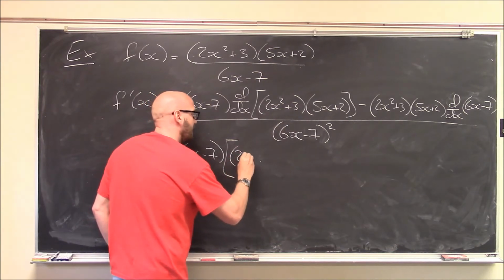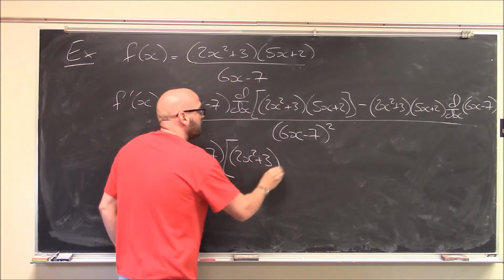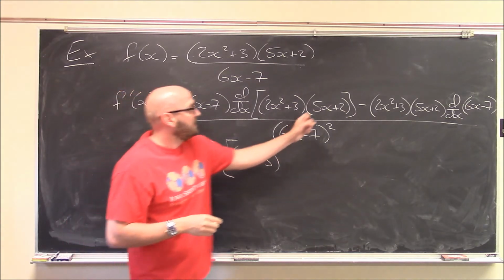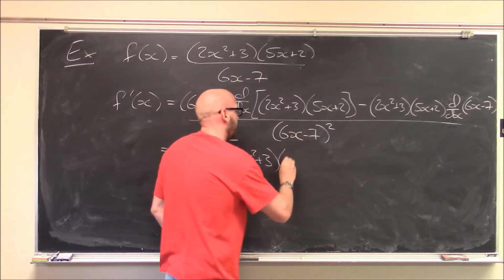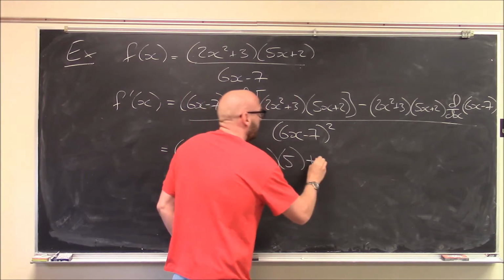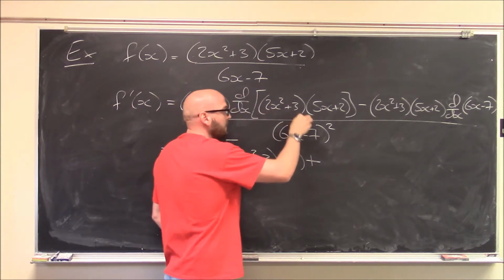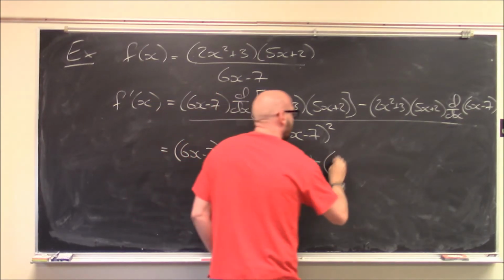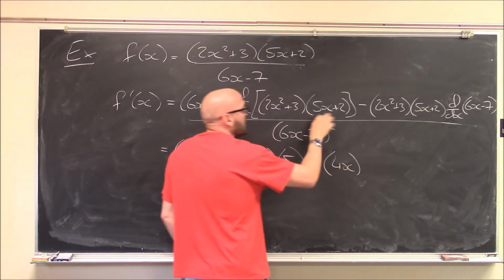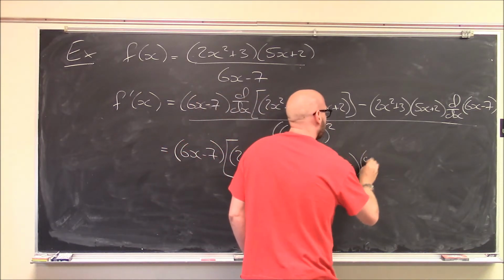So we'll do 2x squared plus 3 times the derivative of the second. The derivative of 5x plus 2 is 5. Plus the derivative of the first function, which is 4x, times the second, 5x plus 2.